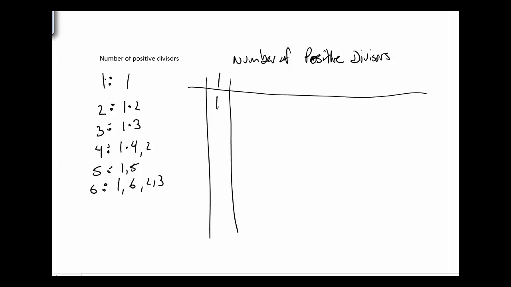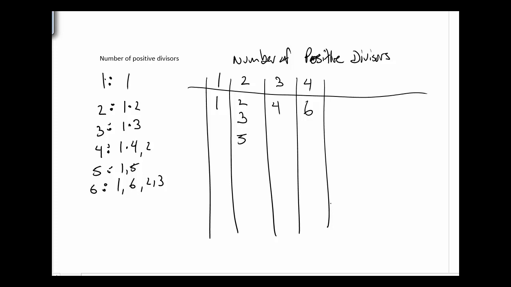That'd just be the number 1. 2 divisors, well, so far on our list we have 2, 3, and 5. Under 3 divisors, we've got 4 so far. 4 divisors, we have the number 6. And we'll just go out to 6.